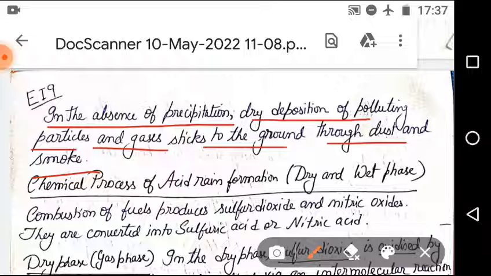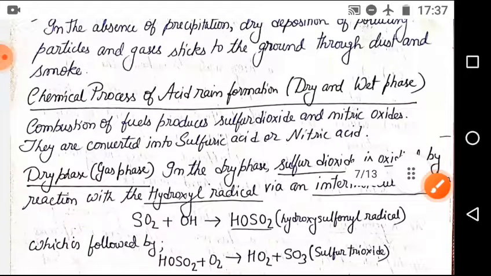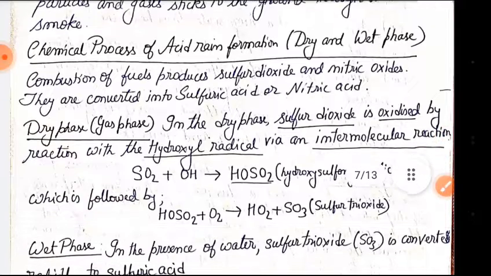It settles in the form of dust and smoke, along with other particles emitted from human activities like fly ash. Now let us see the dry phase and the acidic phase.